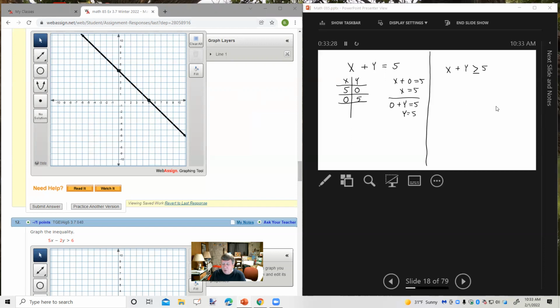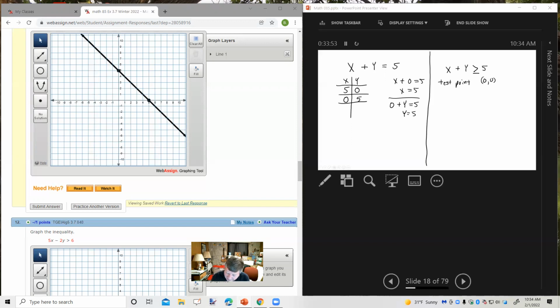Okay. So what we're going to do is pick a test point. It has to be a point that is not on this line. It's either up here or down here. 0, 0 is a nice, easy point to pick, and it's not on the line. So I've got a test point of 0, 0.